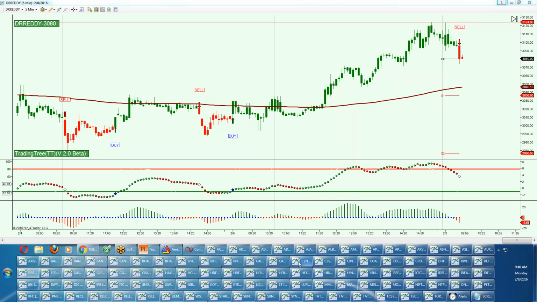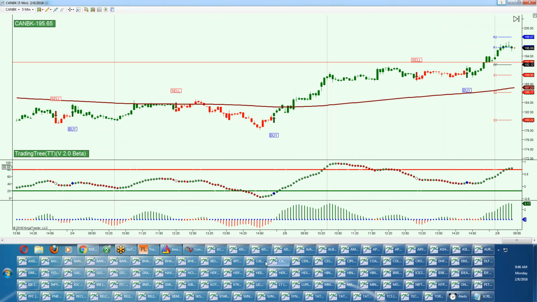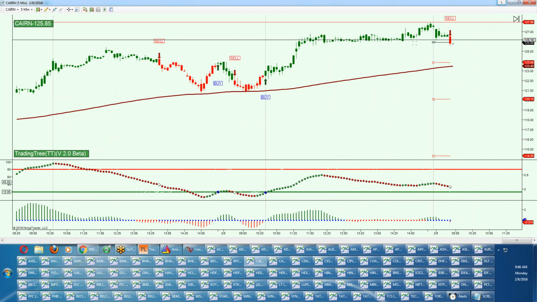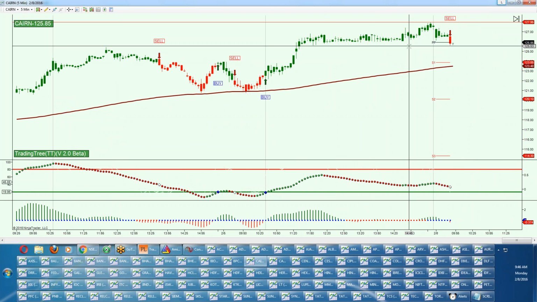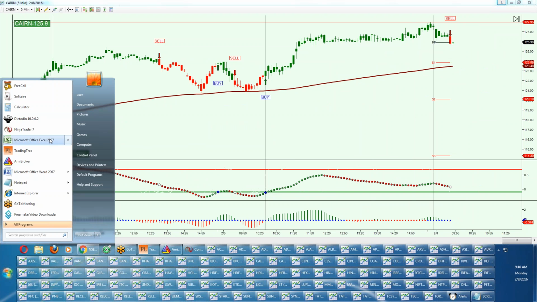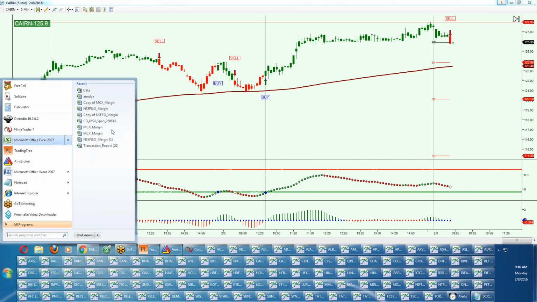So we have another call in Kane. So we can short again Kane here, 125.50. So these are some of the trades that we have. Other than this, I just wanted to show you another application.